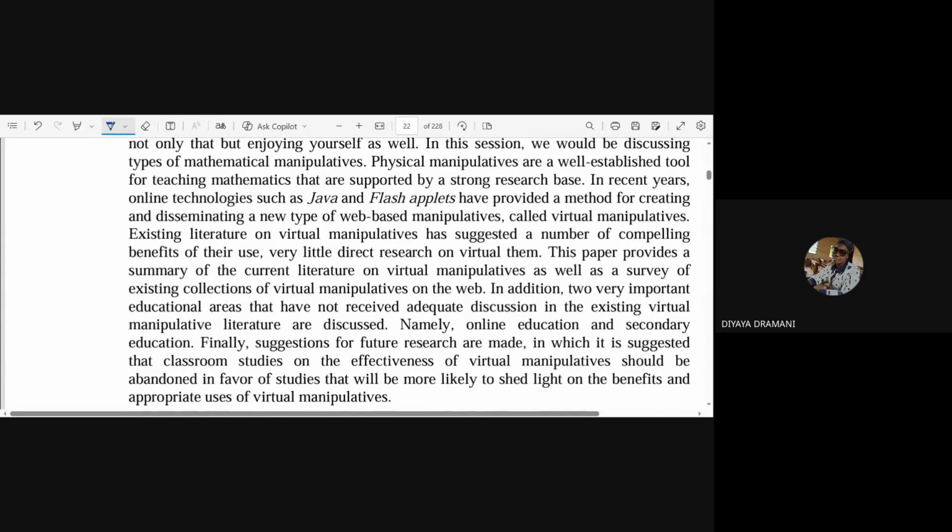In addition, two very important educational areas that have not received adequate discussion in the existing virtual manipulative literature are discussed, namely online education and secondary education. Finally, suggestions for future research are made, in which it is suggested that classroom studies on the effectiveness of virtual manipulatives should be abandoned in favor of studies that will be more likely to shed light on the benefits and appropriate uses of virtual manipulatives.